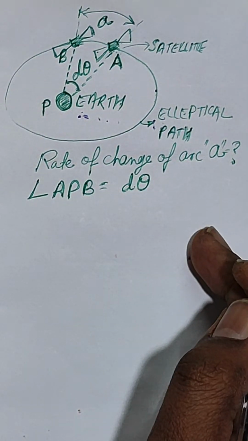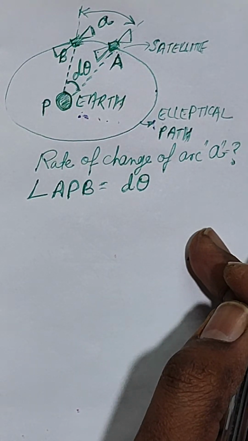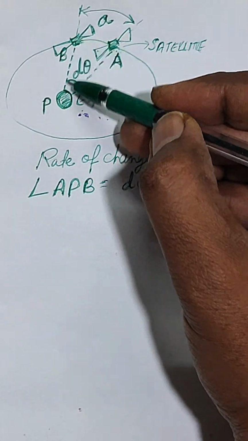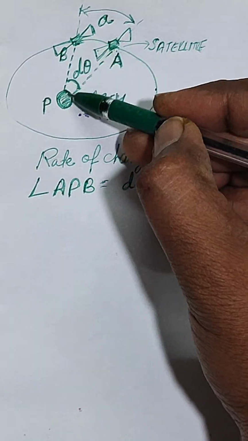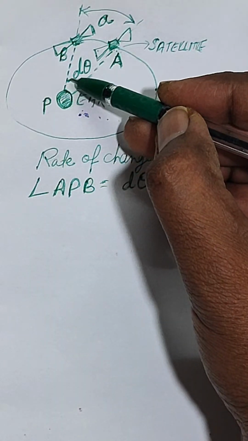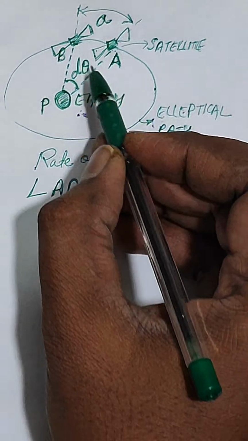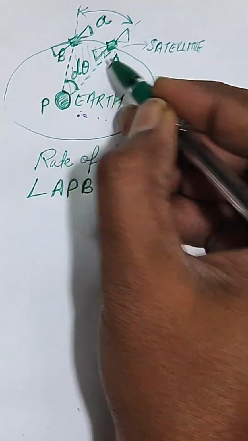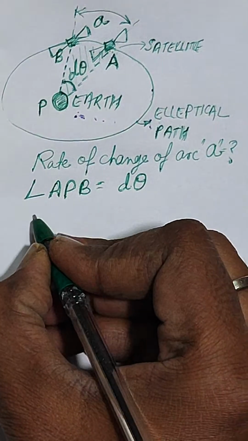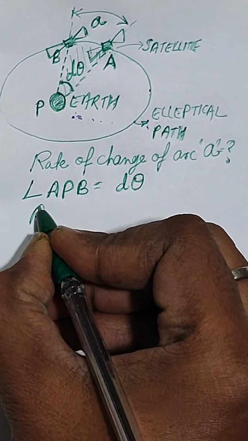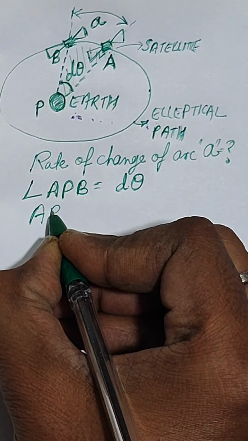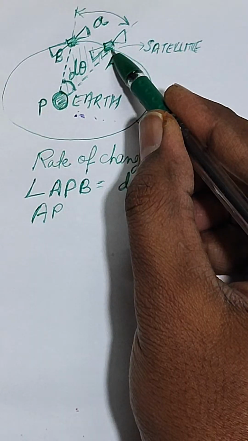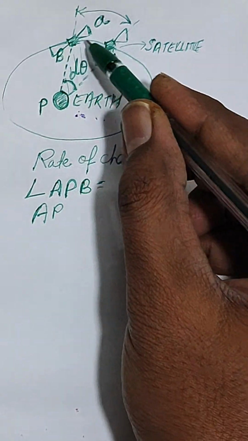From this, the area swept by this arc from the line joining satellite to Earth will be the area of this triangle. If you are considering the position of A, the first position, from A to B the satellite is going.